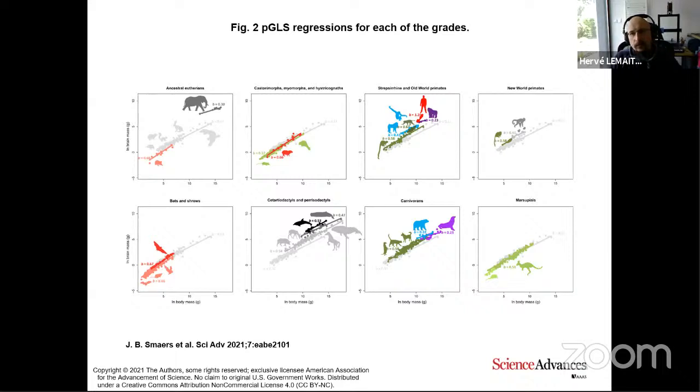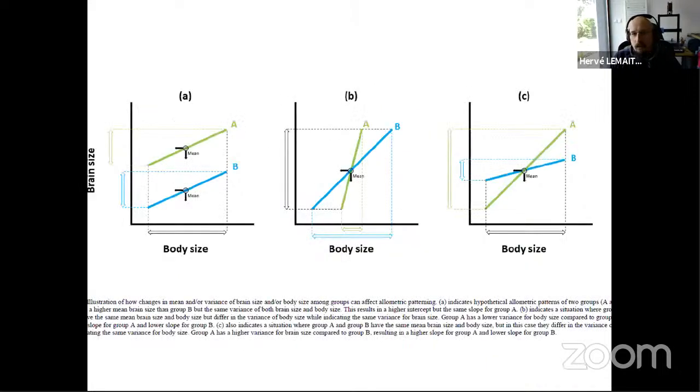Okay, so after that, they wanted to talk about what I said at the beginning. When you have a shift of slope, there is a story about shift in slope, variance, and selective pressure.